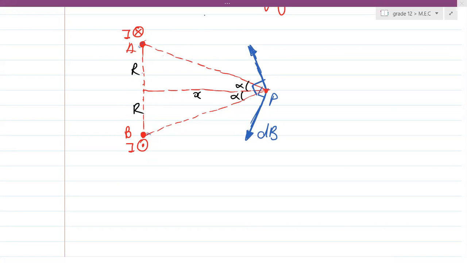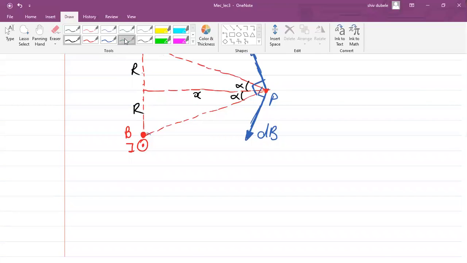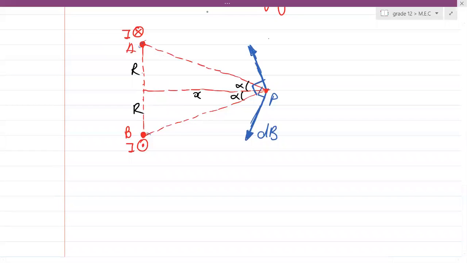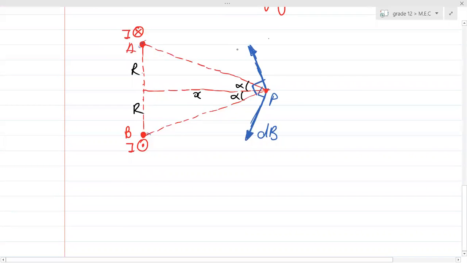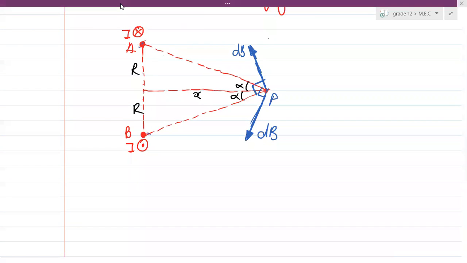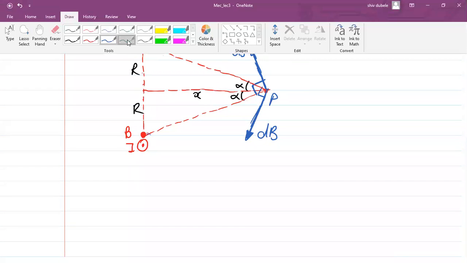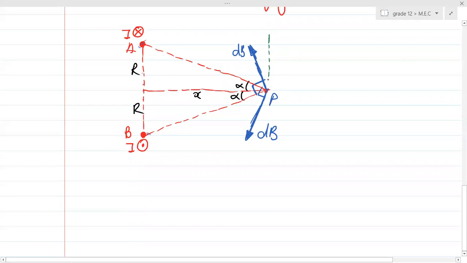Suppose this angle is alpha, and this angle is alpha, then I try to break this dB into two different components, like this and like this.